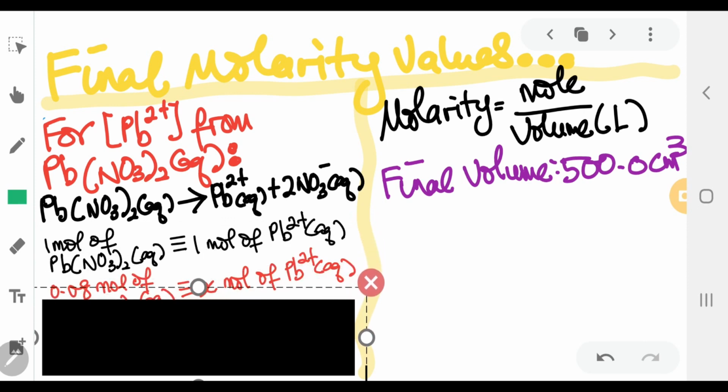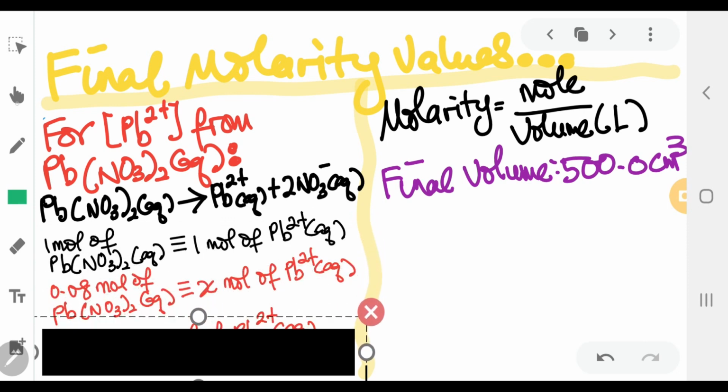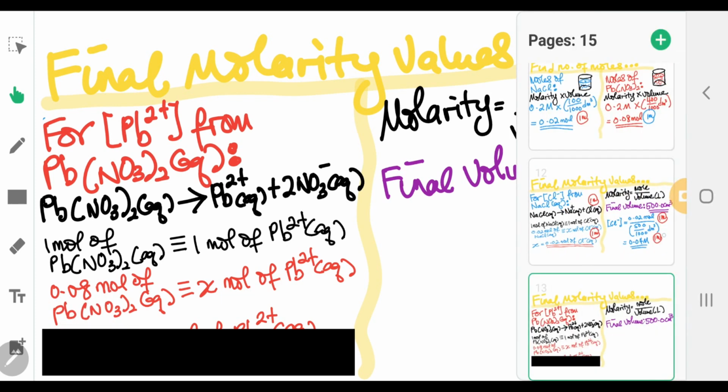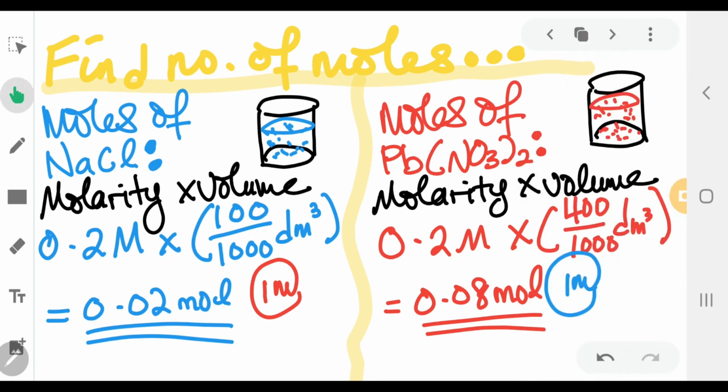So when you do the proportionality, you would get something like this. 1 mole of the very soluble salt, PbNO32, would be producing 1 mole of the Pb2 plus aqueous. And from the question, we get 0.08 mole of the PbNO32.